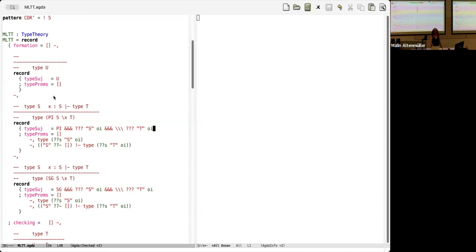So the type formation rules look like something is a type. So here I'm saying the universe is a type. Pi S binding x in T is a type if S is a type, and whenever x is in S, T is a type. And I'm going to throw sigma in as well.